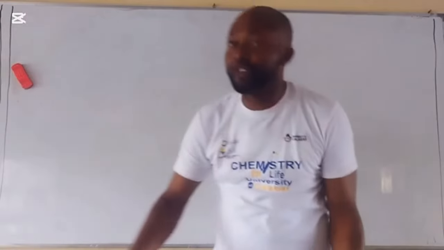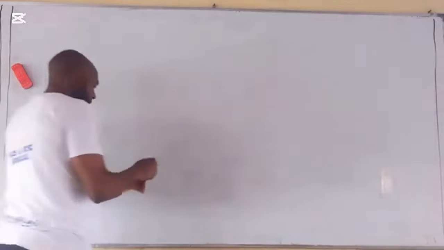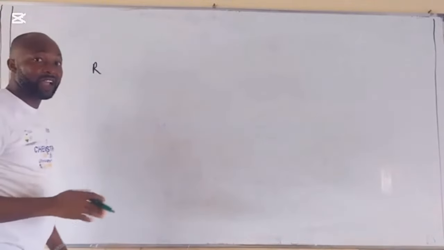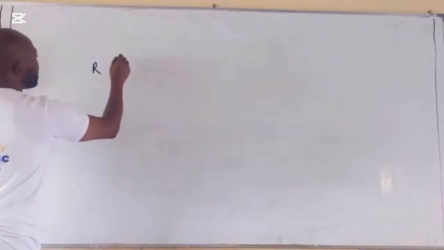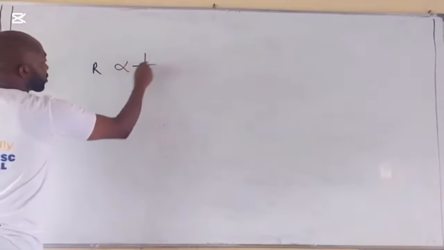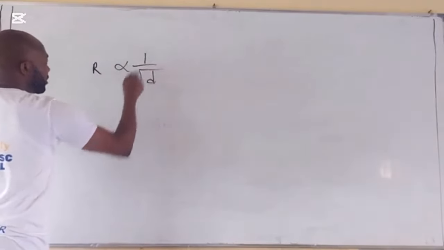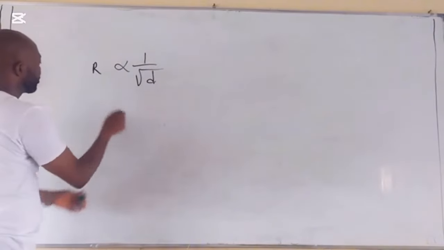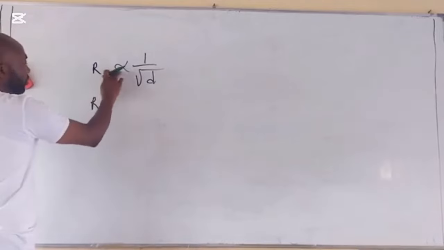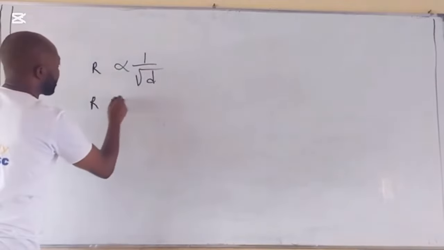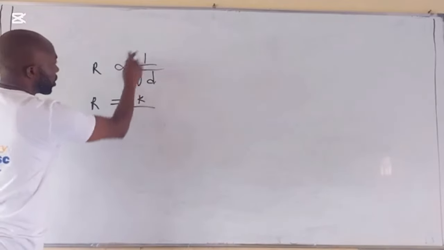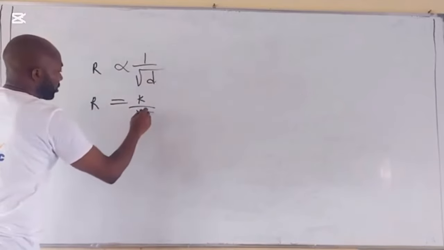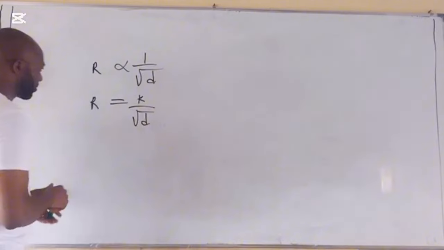So he said the rate at which a gas diffuses is inversely proportional to the square root of its density. Now, if I remove the proportionality sign to bring the equality sign, that would be rate equals k times 1 over the square root of the density.